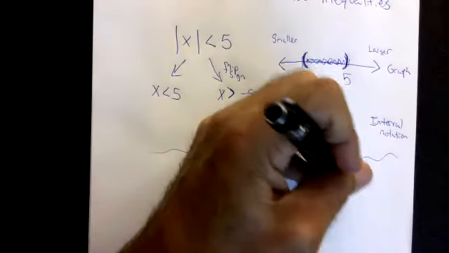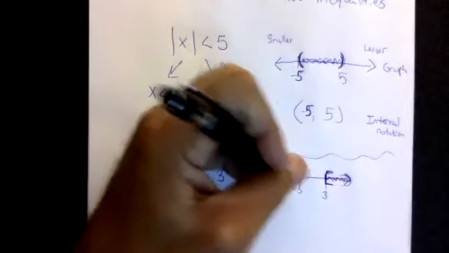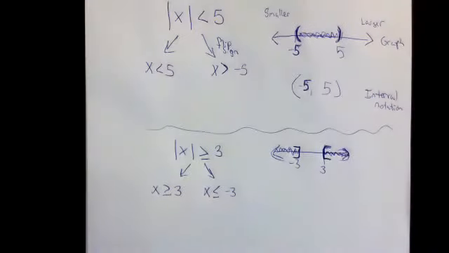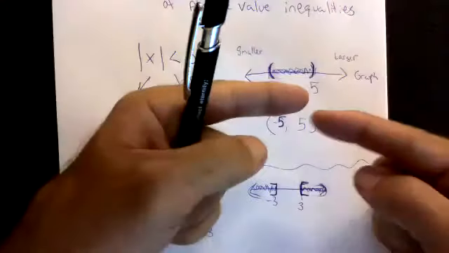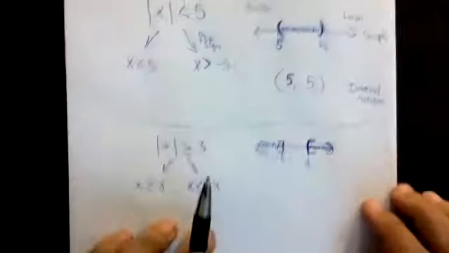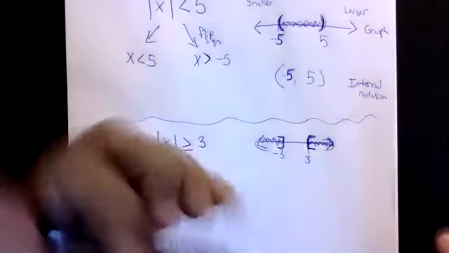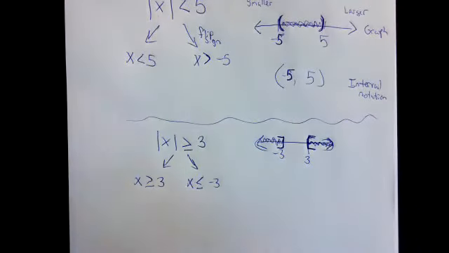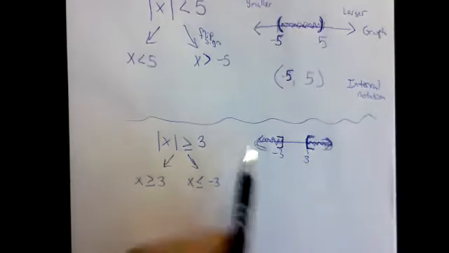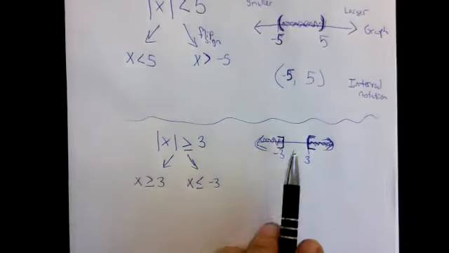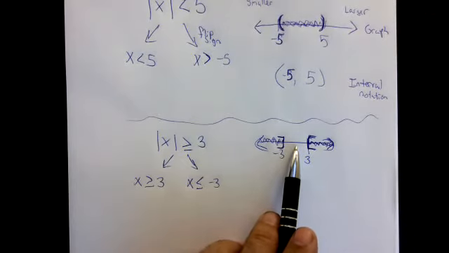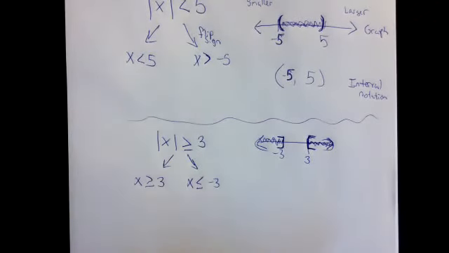Bigger than +3 is this direction. Absolute values will either shade together, like the last one, or they shade away from each other, like this one. So in other words, every number smaller than -3 or every number larger than 3. Nothing in between. If you try plugging a number from in between, that's not going to work.